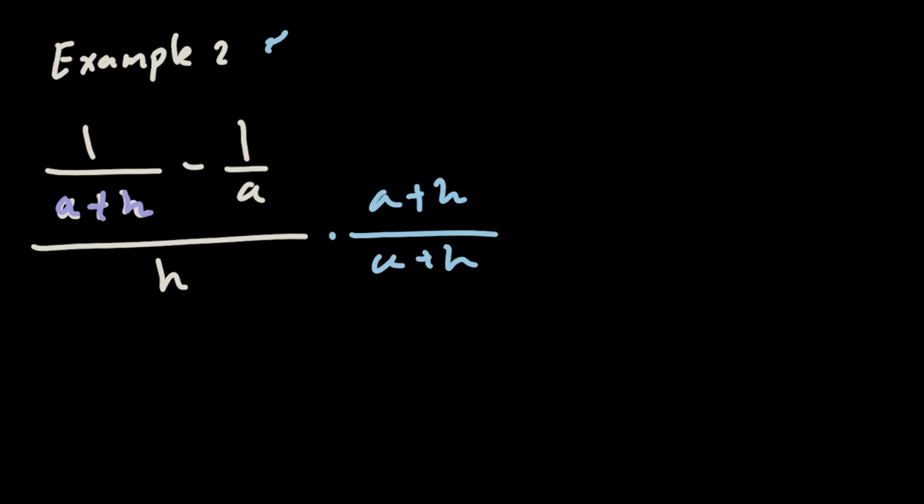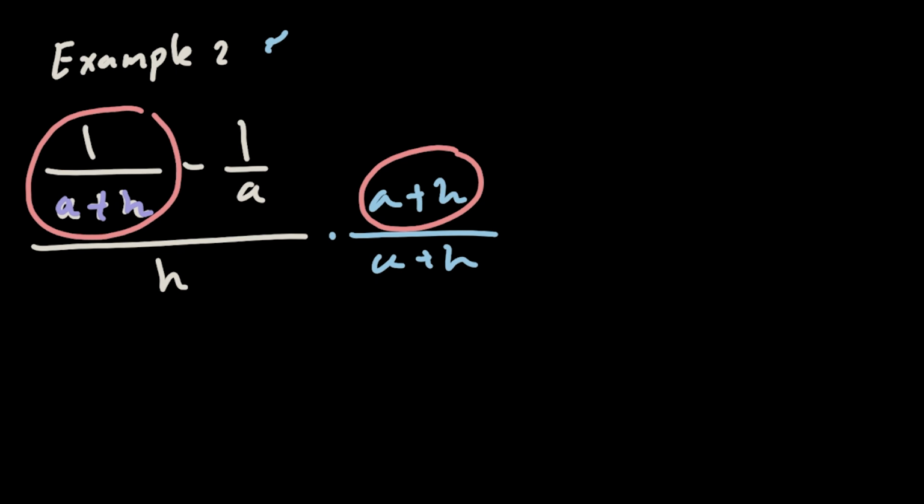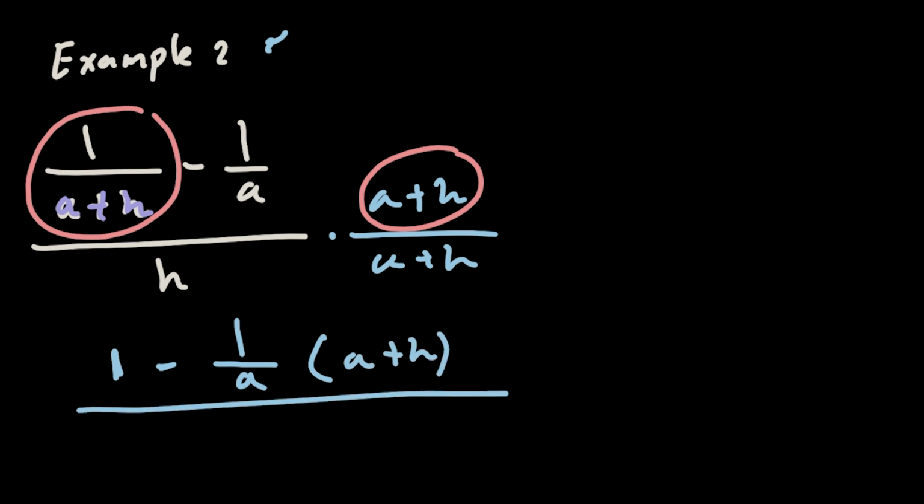When we multiply a plus h by 1 over a plus h, it is cancelled, so the remaining part would be 1, minus 1 over a multiplied by a plus h over h multiplied by a plus h.